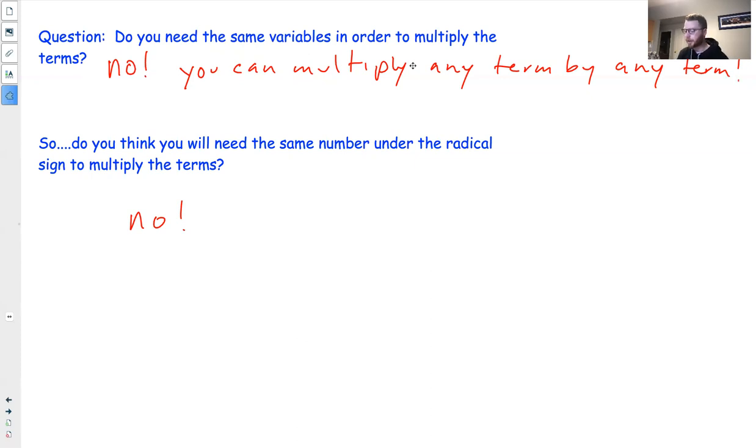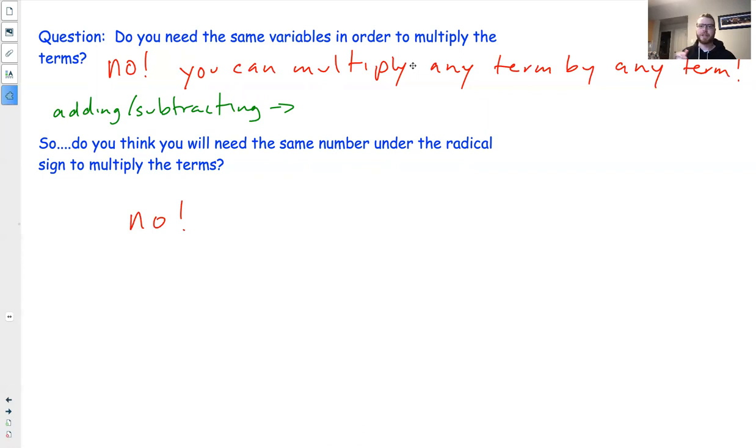Do we need the same variables in order to multiply? No. However, for adding and subtracting, when we are dealing with variables, it needs to be the same variable. So we cannot add a 3x to a 2x squared, right?